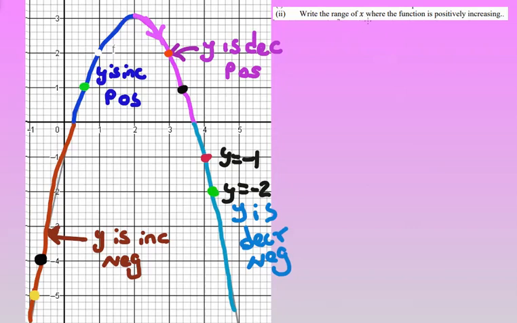Now let's see what the question is. Write the range of x where the function is positively increasing. So during which phase of the graph is the function increasing positively? That's during the blue period. So where is the blue period starting from?